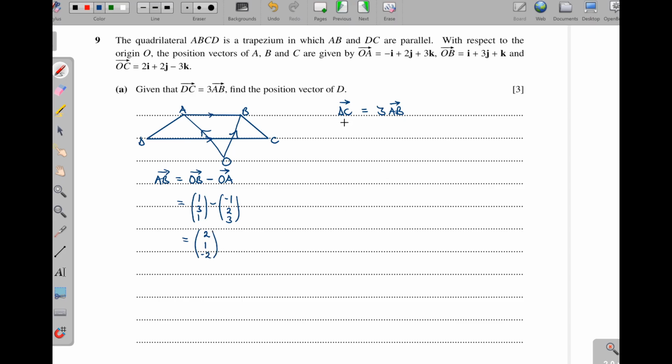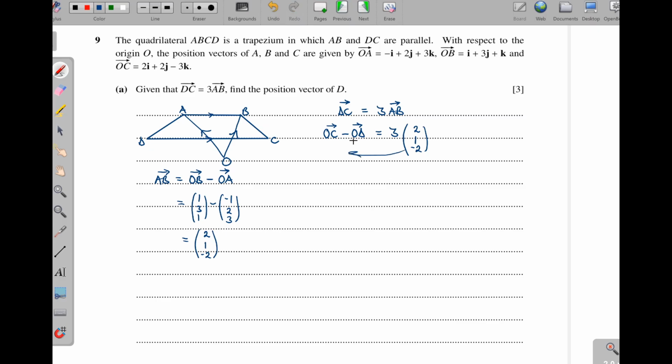Okay. Then even here, our DC is going to be the last, which is OC, minus the first, which is OD. Are we there? Then this one will be equal to 3 of AB, which we have gotten here as 2, 1, negative 2. Now, we make OD the subject of the formula.